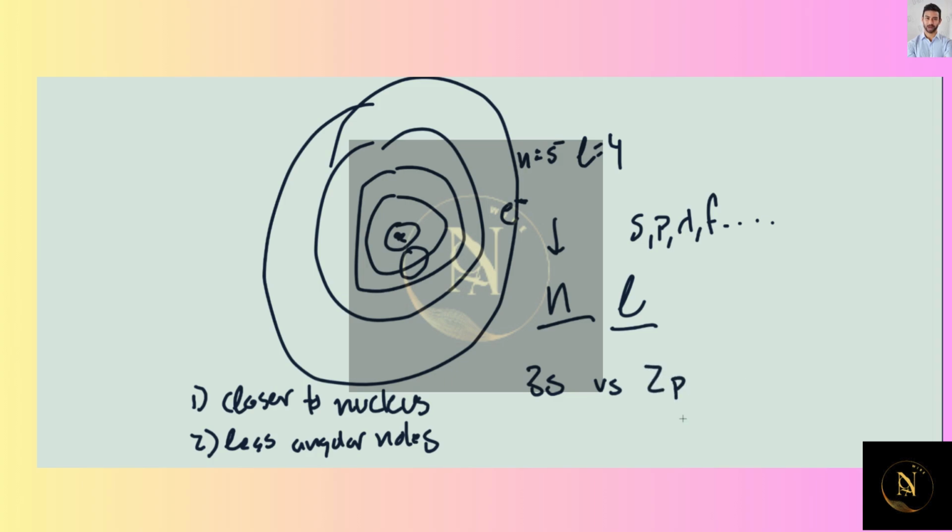In terms of shape, the p is not as good at shielding as an s, but in terms of shell, n, 2 is lower than 3, and since shell is more important, 2p would be the better screener, right? So always look at the shell first and then the orbital type second.